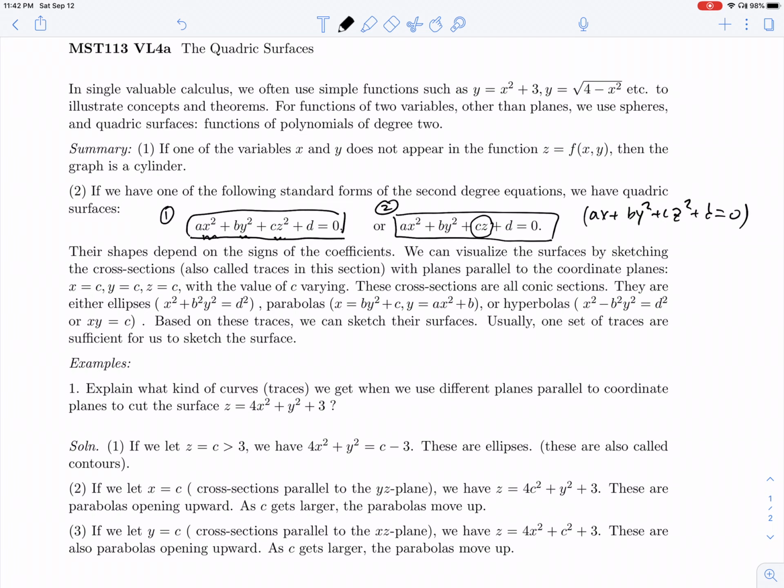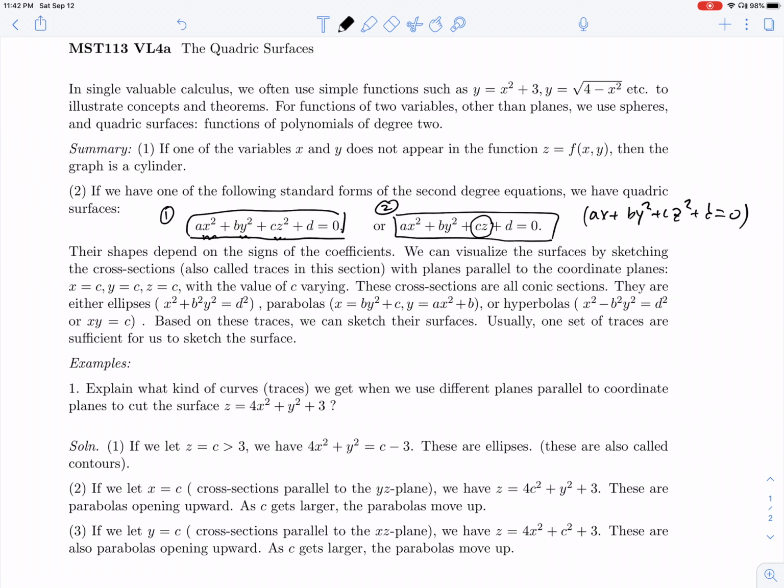So what it means is that the surface is simply rotated 90 degrees, and we get this one. So just to be careful, the difference between 1 and 2 is that one variable is now first order, other two are actually still second order.